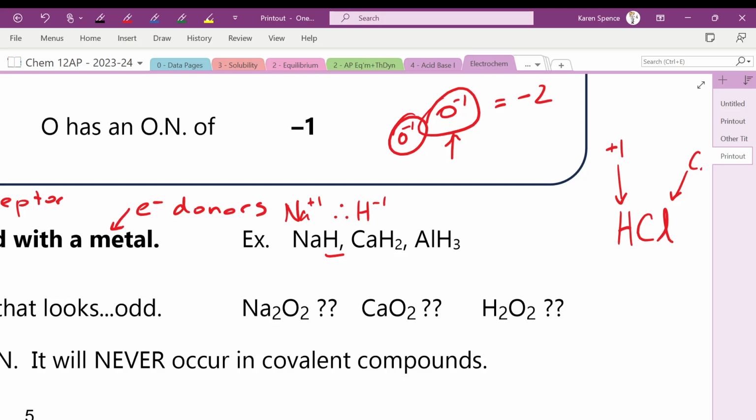Does that sound normal? No, because oxygen is -2 normally and calcium is +2. We should normally have CaO, right? And normally we have water, not H2O2. So this is hydrogen peroxide. Can you guess what this is? Sodium peroxide.